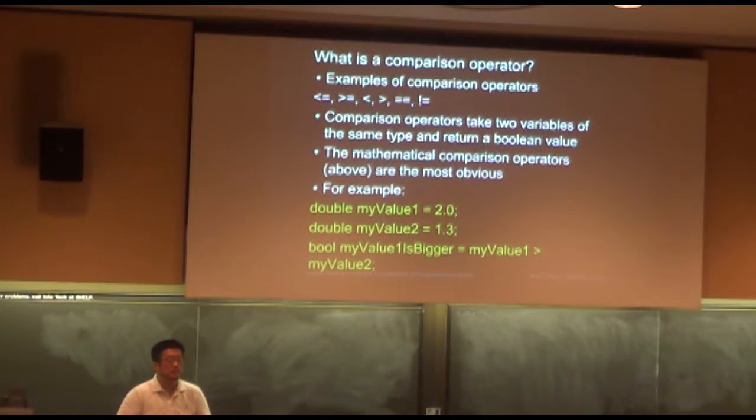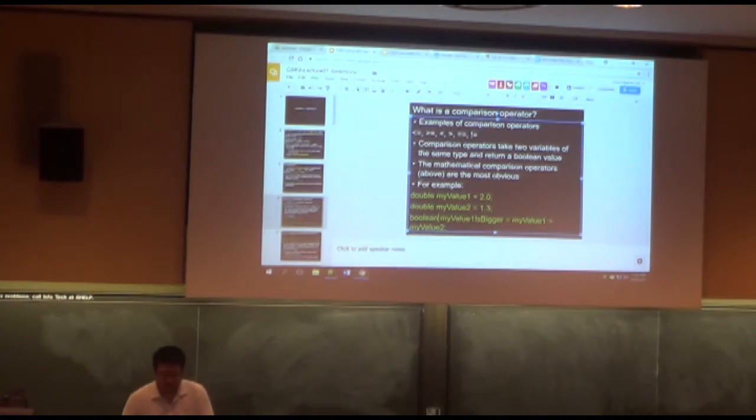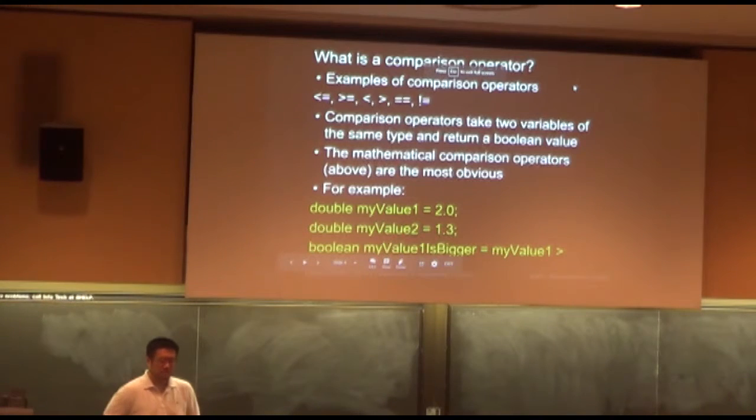Yes? So if you write the bool before the comparison, will that give you the output true? Bool is just like int. Excuse me, this is my C-ism. In C, it's written as bool.